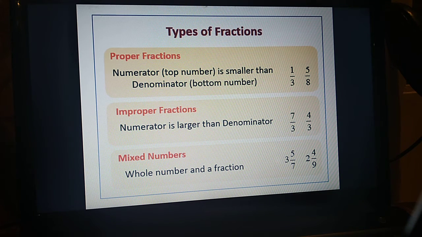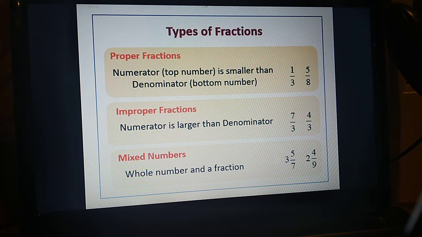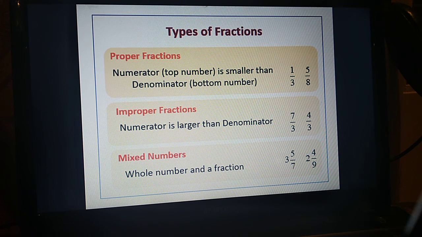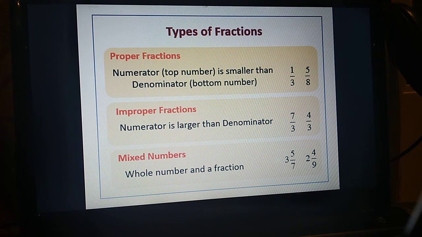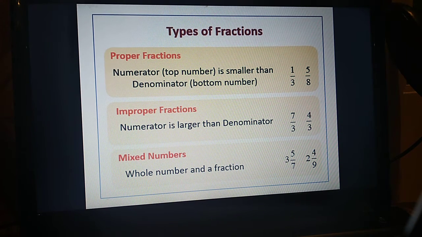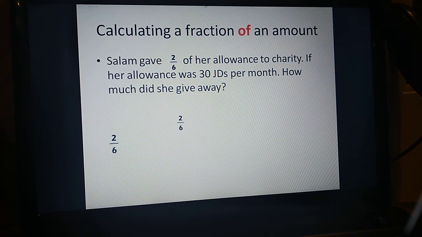Example: 3 and 5 out of 7, 2 and 4 out of 9. Now, you know what a fraction is made up of and you know the 3 types of fractions. Good job. Let's move on to the next idea, which is to calculate a fraction of an amount.